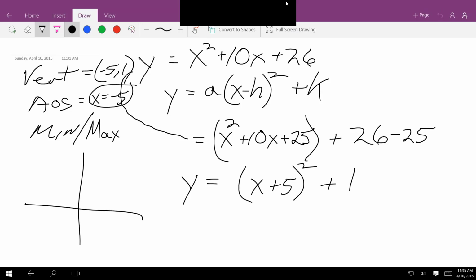Now we're going to graph it. I would go to negative 5 and draw a dotted line. It's an imaginary line that typically isn't drawn, but it's still a dotted line. Now I know that the vertex is at negative 5, 1 right there.